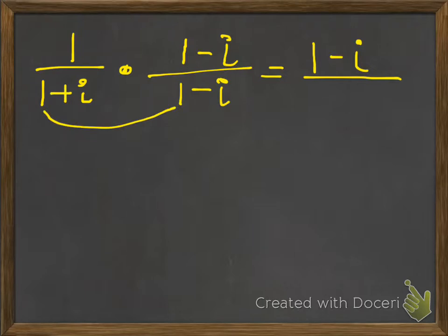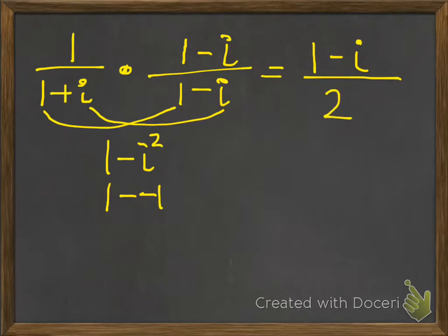So 1 times 1 is 1. i times negative i is negative i squared, and i squared is negative 1. So that's 1 minus a negative 1, which is 2. And you're done. That's it. That should be fairly simple.